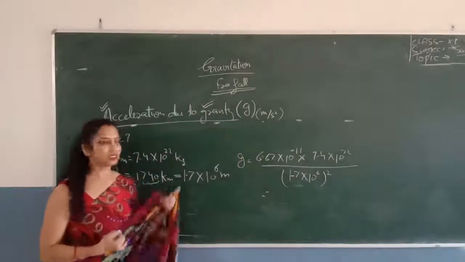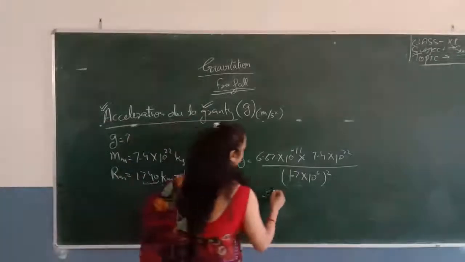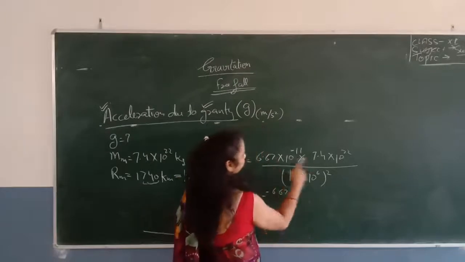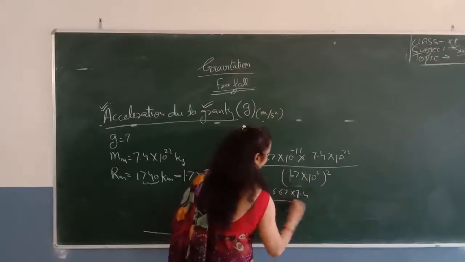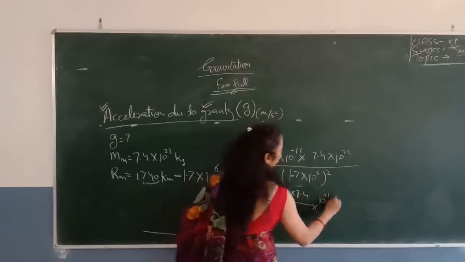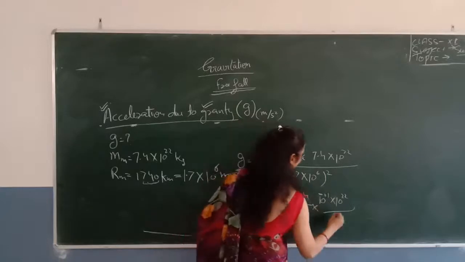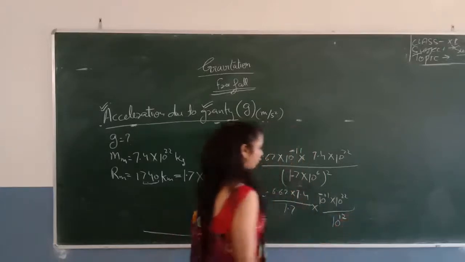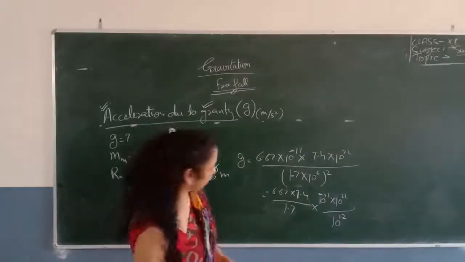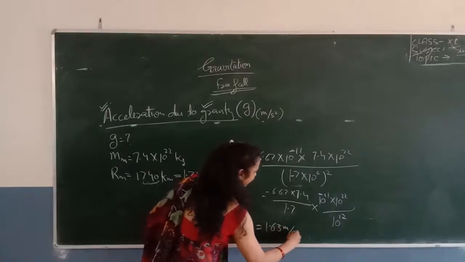You can calculate it by taking all the numerical values aside and the powers aside: 6.67 into 7.4 upon 1.7 squared, into 10^-11 × 10^22 upon 10^12. You will calculate yourself, and by this you can find the value of g. It is 1.63 meters per second squared.